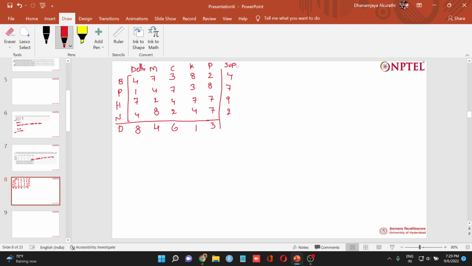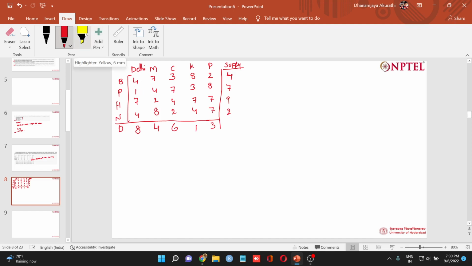It is the supply. So the first step in the northwest corner rule is to identify the leftmost top element. Here the first element is the leftmost top element.